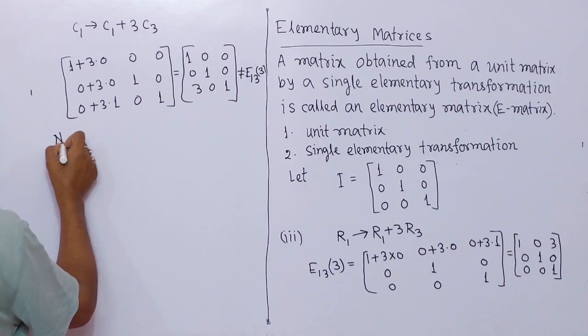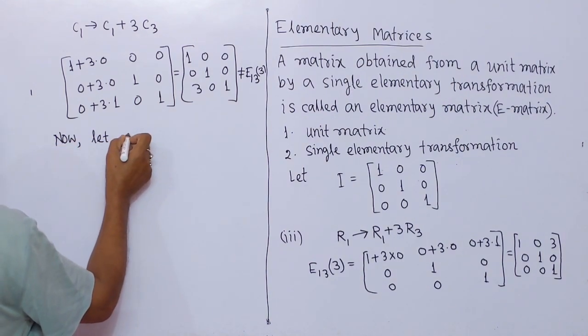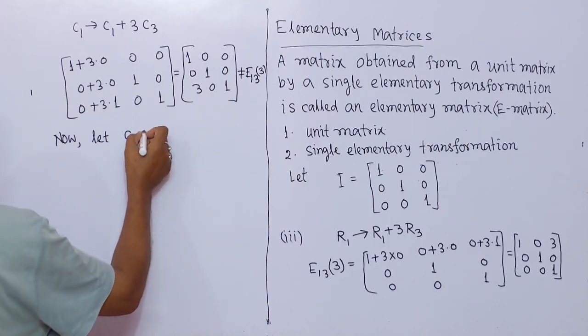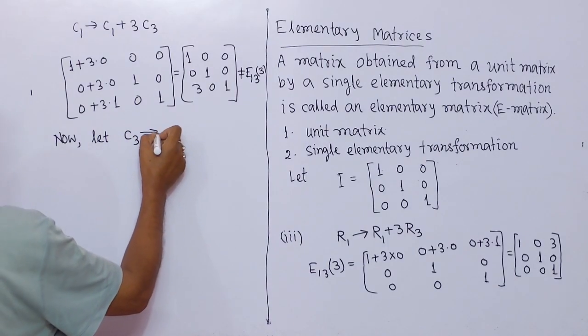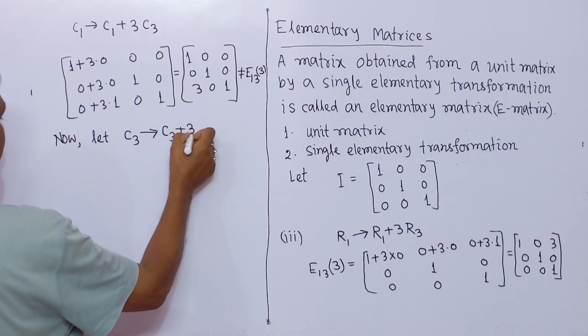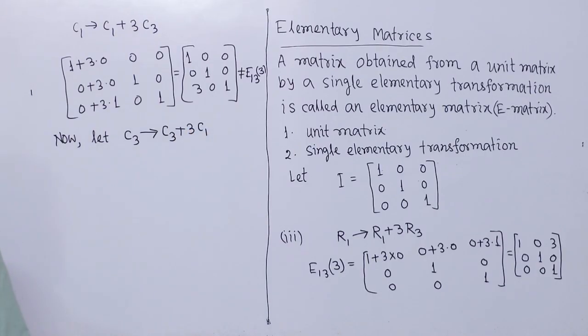Now let C3, column number 3, be replaced: in the position of column 3, we add 3 multiplied by column number 1.